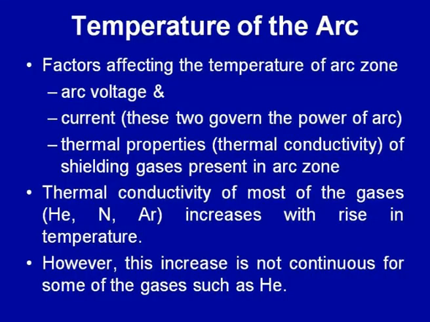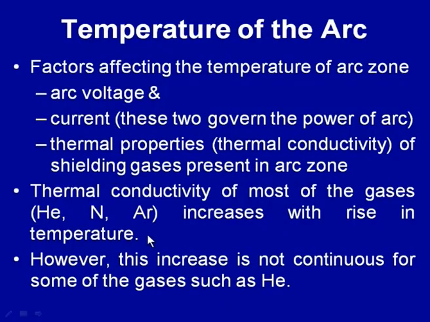The thermal conductivity of the shielding gases also affects the temperature gradient from the axis of the arc to the surface of the arc, and also from the electrode tip to the core of the arc. Further, we know that the thermal conductivity of gases increases with an increase in temperature.